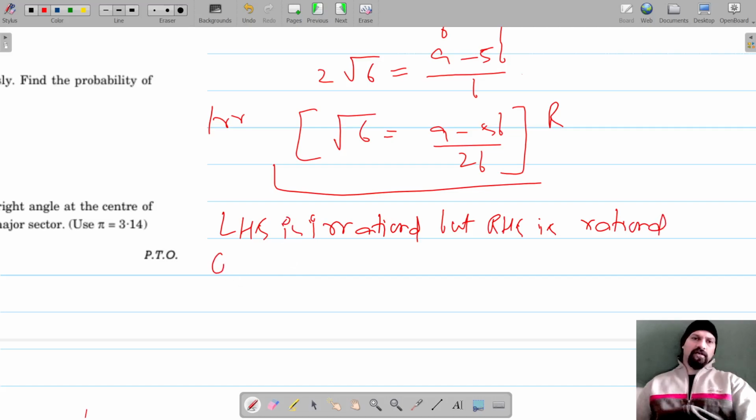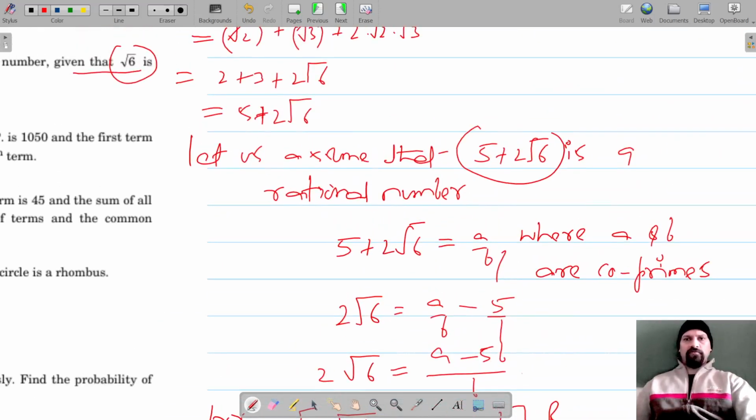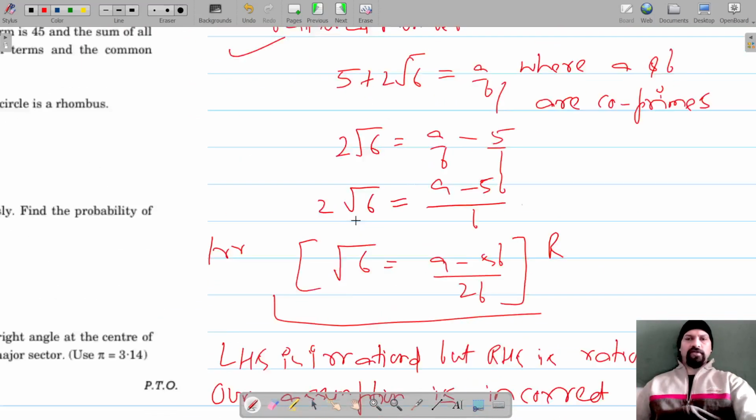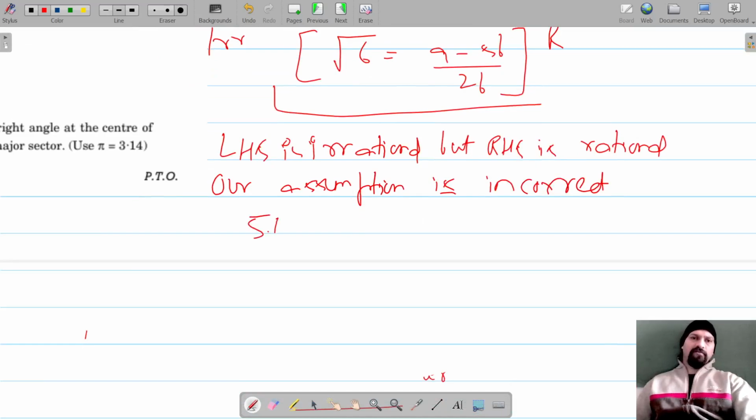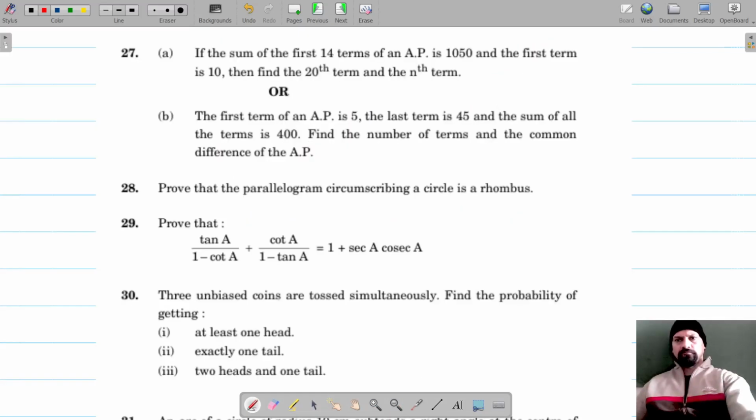So that means our assumption is incorrect. The assumption was that 5 plus 2 root 6 is rational. So that means 5 plus 2 root 6 is irrational. Moving on to the next one.